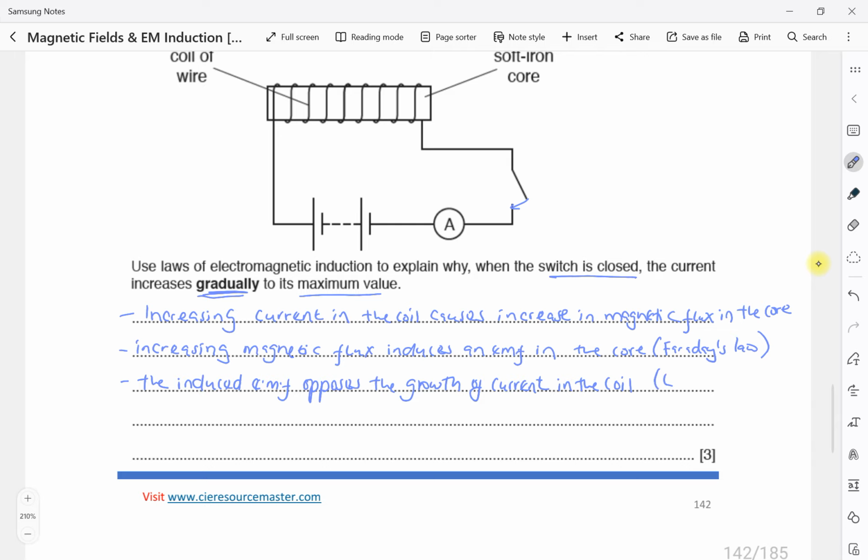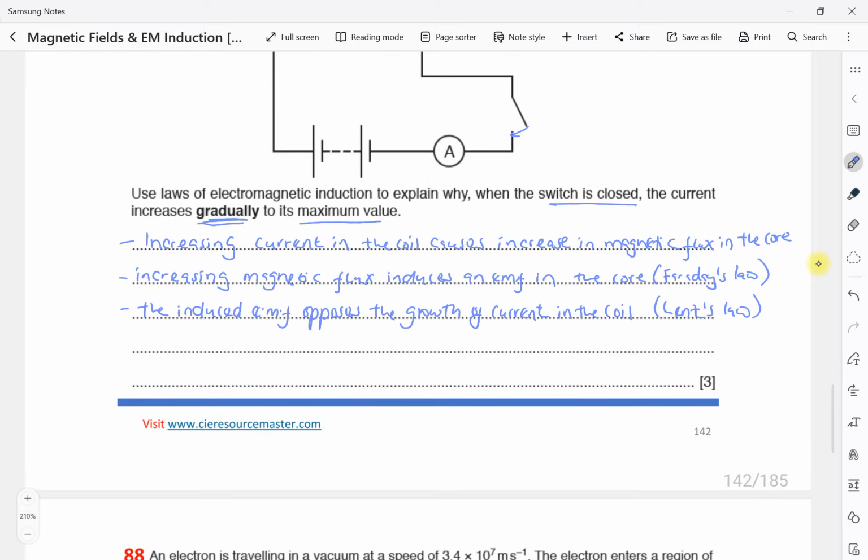This is now Lenz's law. Remember, increasing the current in the coil causes an EMF to be induced in the core. Again, the induced EMF in the core opposes the current in the coil from growing or from increasing. And this forces it to increase gradually rather than rapidly.